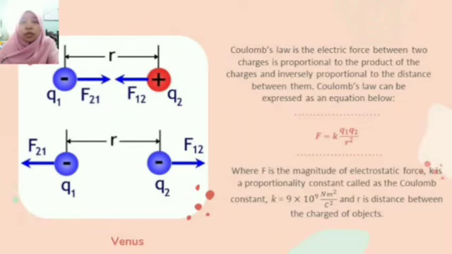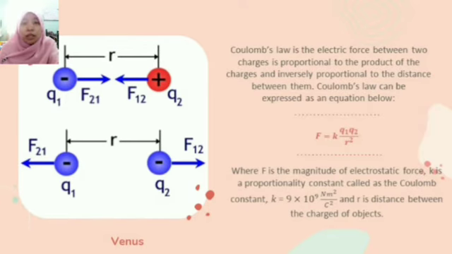Now, move on to the theoretical background. Coulomb's law: the magnitude of the electric force that a particle exerts on another is directly proportional to the product of the charges and inversely proportional to the square of the distance between them.